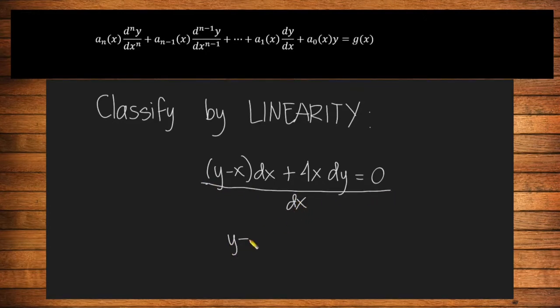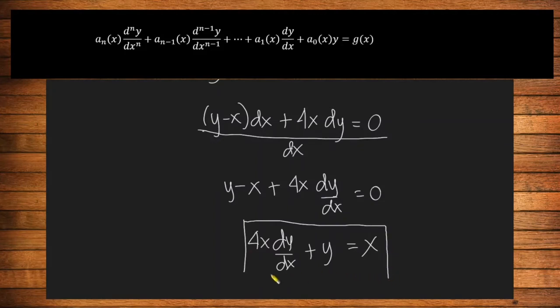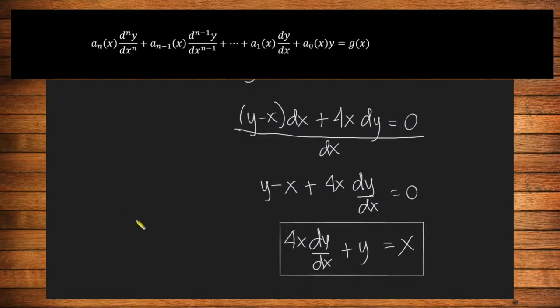So, we have y minus x plus 4x dy over dx equal to 0. And then, i-arrange lang natin ng kaunti. So, we have 4x dy over dx plus y equal to x. So, now we can see that this form is similar to the one above. Therefore, the given equation is a linear differential equation.